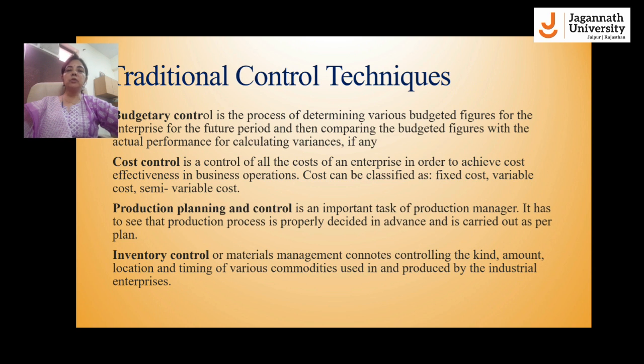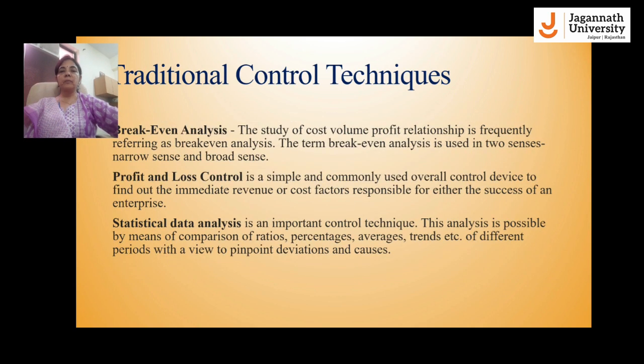Production planning and control is a technique which is an important task of the production manager, who has to see that the production process is properly decided in advance and is carried out as per the plan. Inventory control or materials management connotes controlling the kind, amount, location and timing of various commodities used in and produced by the industrial enterprise.